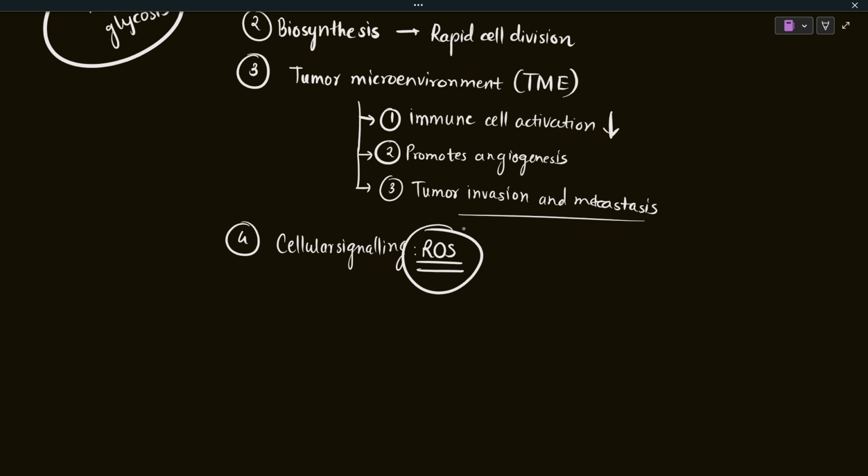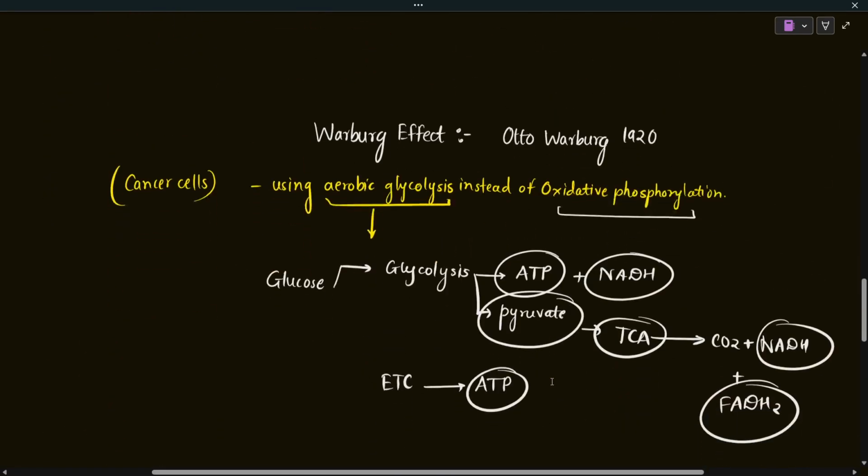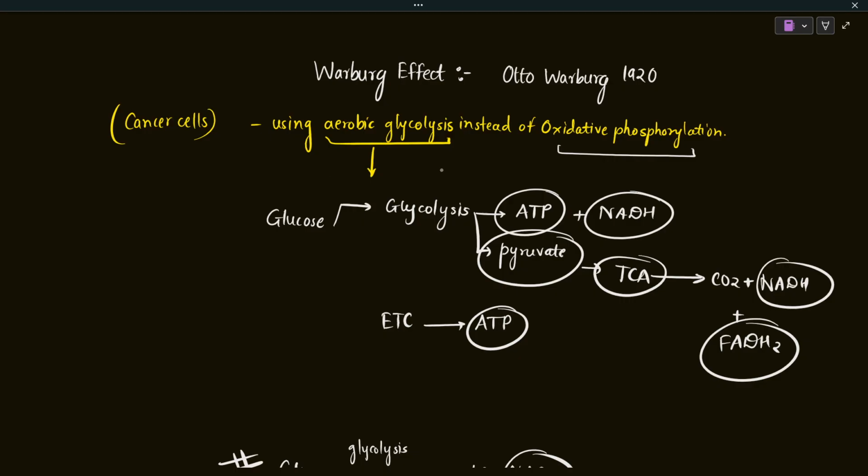That is why in these cells, other pathways are preferred over oxidative phosphorylation, and that is what we call the Warburg effect. Aerobic glycolysis means conversion of glucose into lactate in the presence of oxygen. This is seen in muscle cells as well. Whenever there is a hypoxic condition, muscle cells convert glucose into lactic acid, which gets accumulated in our muscles. This is seen in cancer cells as well.